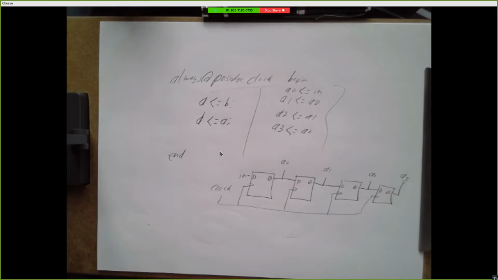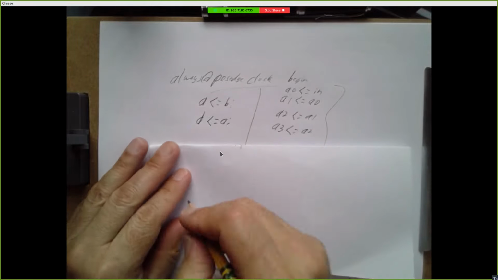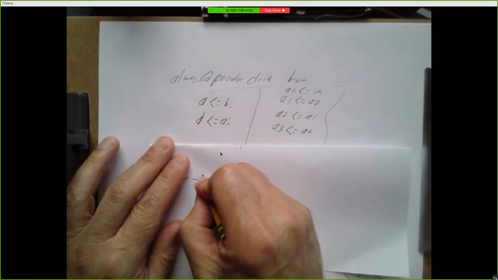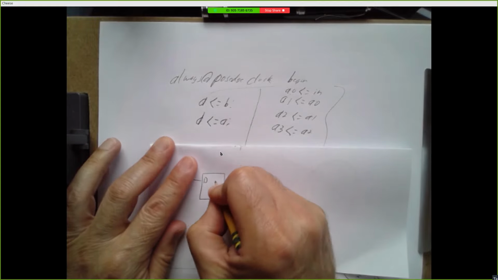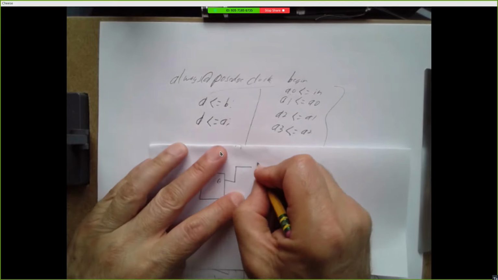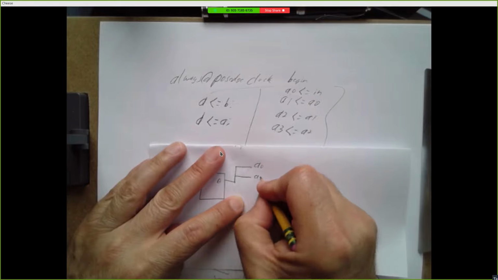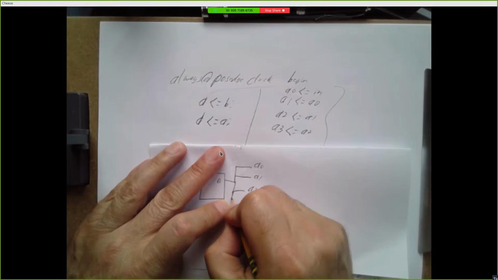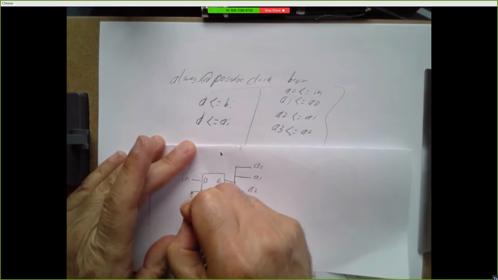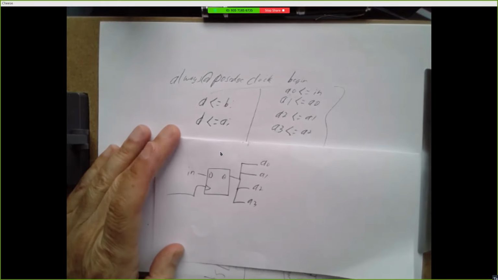So if you wrote this always block with equal signs instead of less than equals, you get a very different circuit. You get this.